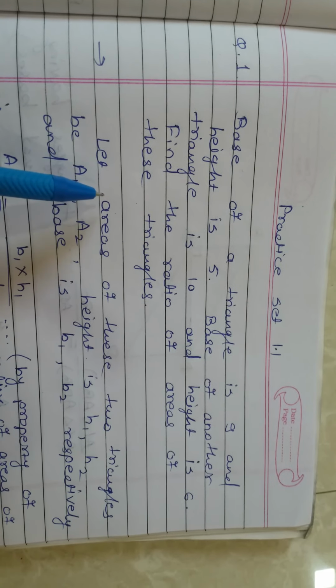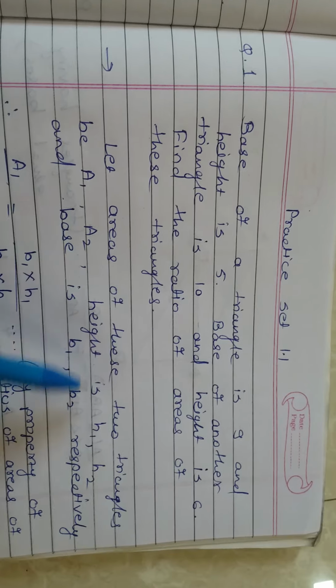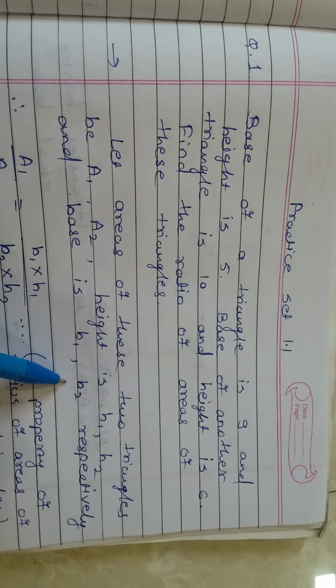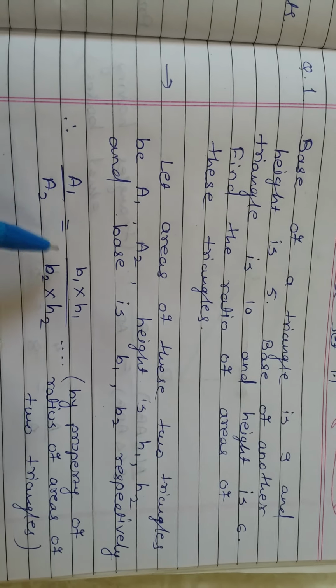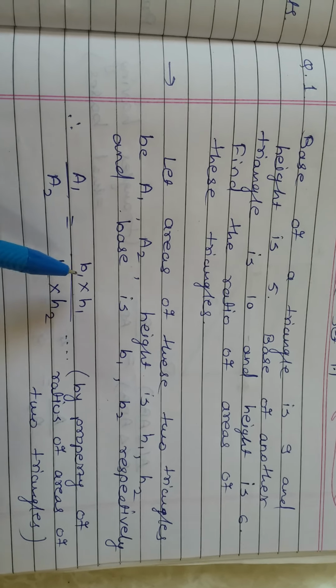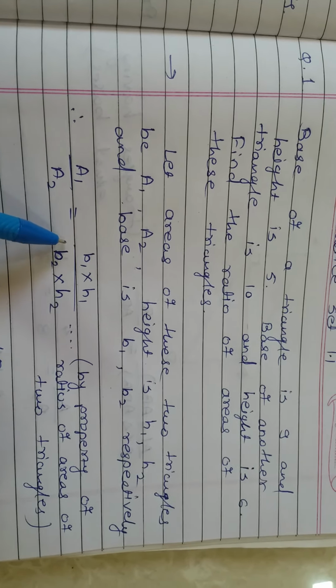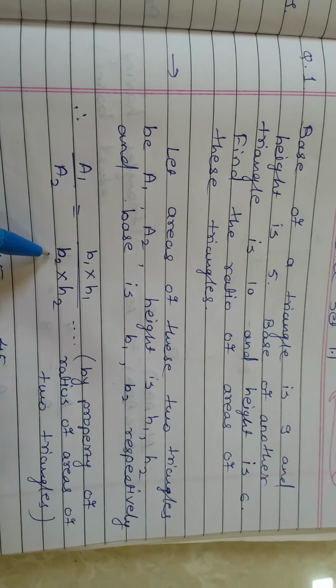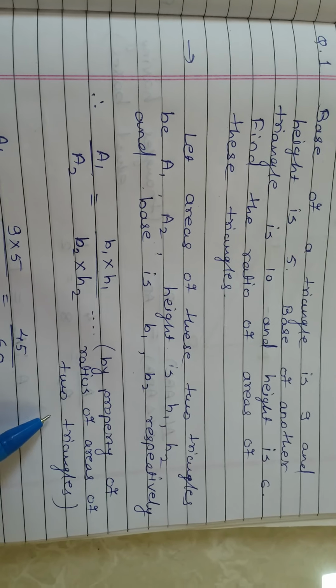Now first of all we will denote the areas, bases and heights of these triangles by A1, A2, H1, H2 and B1, B2. Then we know that the ratio of areas of two triangles is equal to the ratio of product of their corresponding bases and heights. Therefore here we write A1 upon A2 which is equal to B1 into H1 upon B2 into H2 by the property of ratios of areas of two triangles.